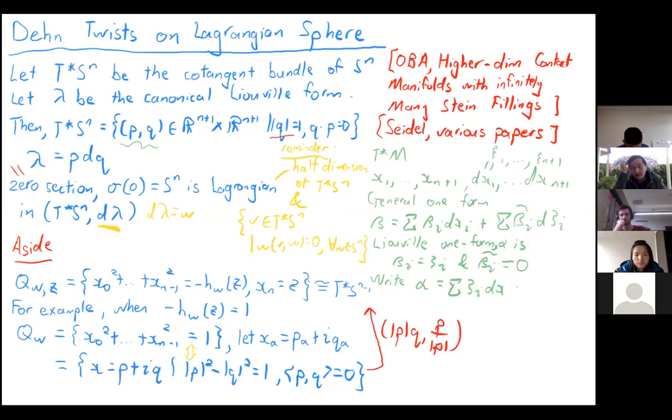P is the base, that's very strange. Which norm is 1? If p is the base, then q has norm 1. Q has norm 1. When I say p, is it the first coordinate or second coordinate? I think this one is the base.